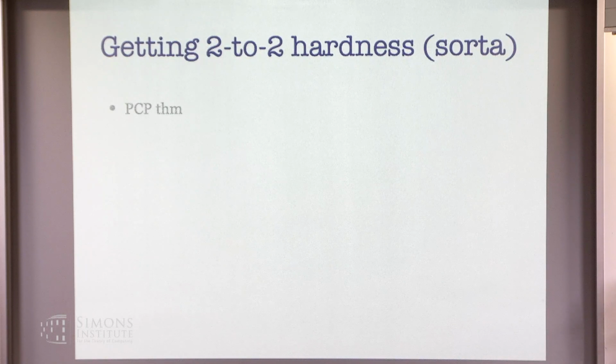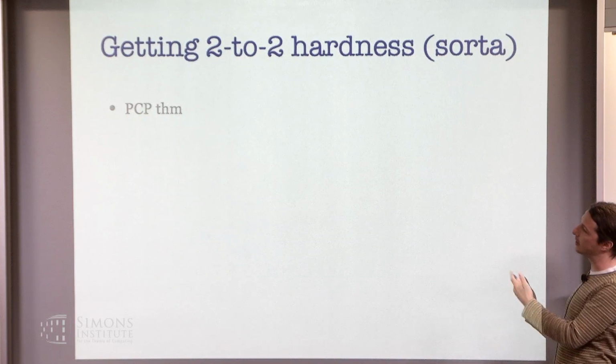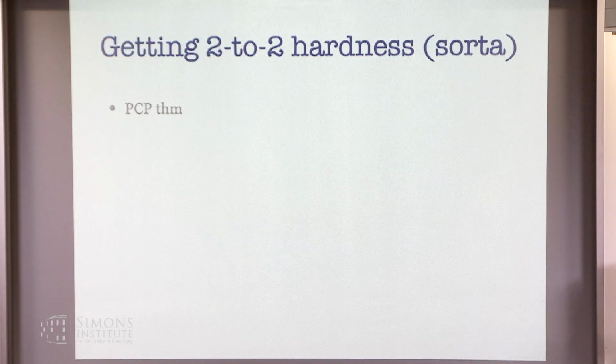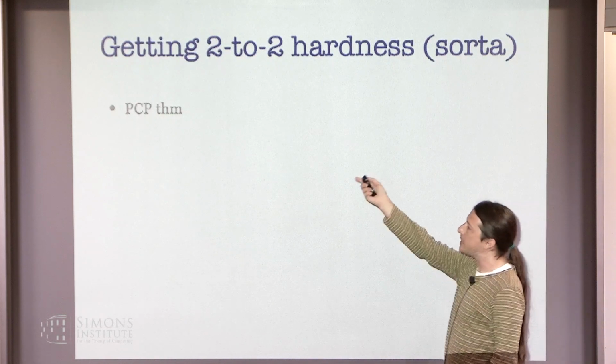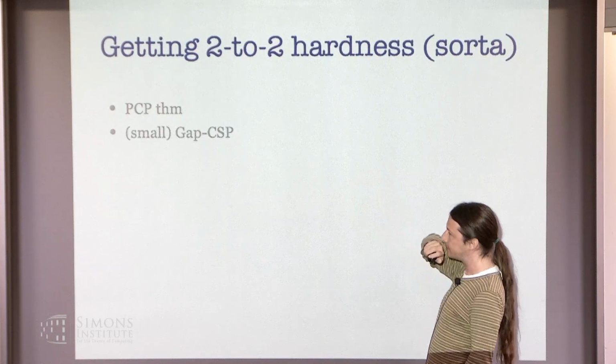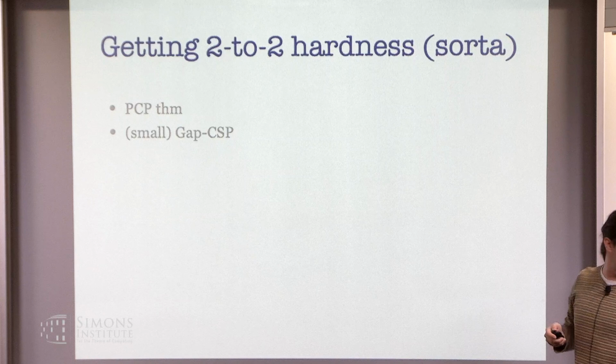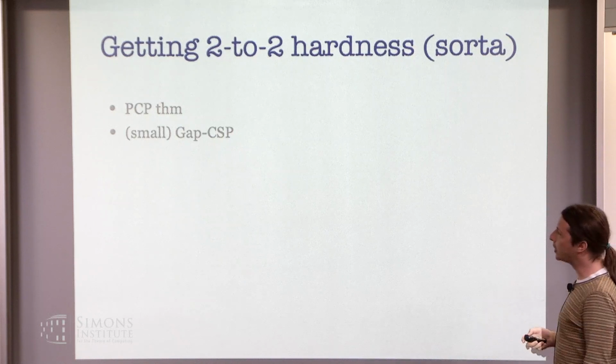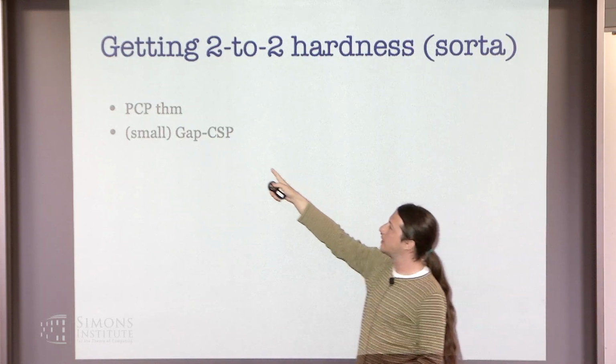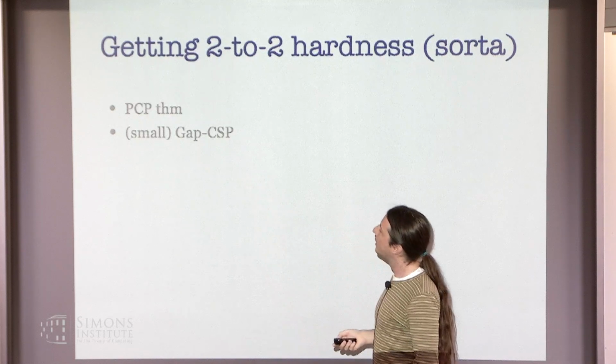What would you do? So, if you're an expert, you'll know this, and if not, you'll hopefully get something from this slide, but maybe not a lot. So you start with a PCP theorem, and you get, by a trick, some even smaller gap hardness.